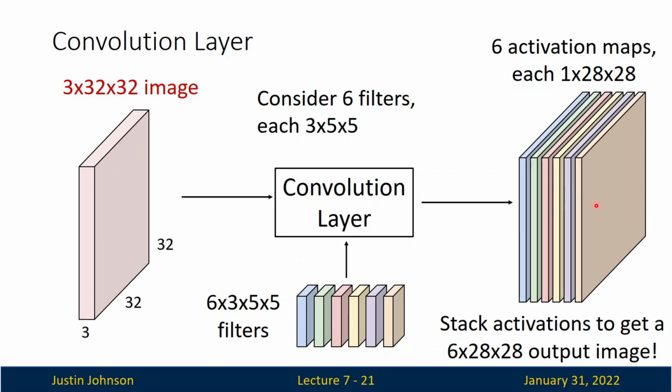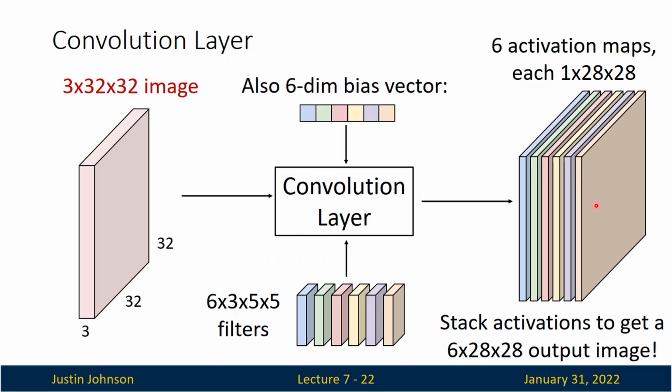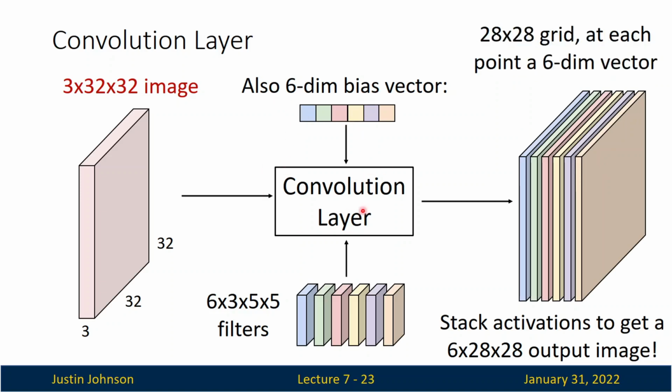In addition to the weight matrix, we also have the bias, because we have 6 weight matrices, so we also have 6 bias values. We will use it here. And then we will have the output of 28 by 28 by 6 dimensions.